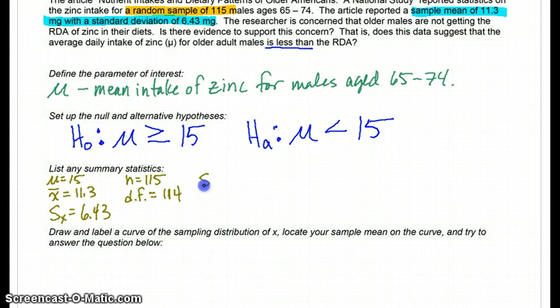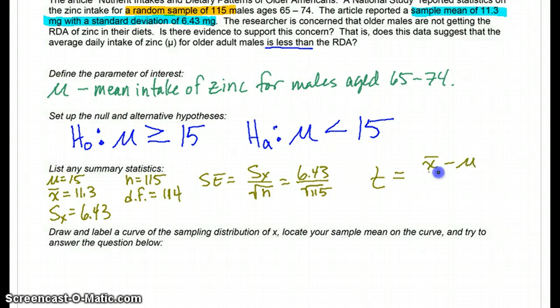We now know that the standard error, which is equal to S sub x over the square root of n, can be calculated as 6.43 over the square root of 115. So I can leave it like that so that I can plug in and calculate my test statistic t, which is going to be x bar minus mu over the standard error, which will give me negative 6.17.